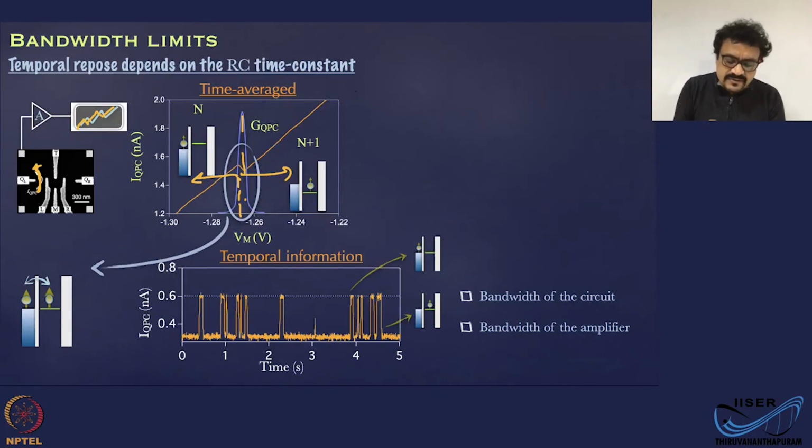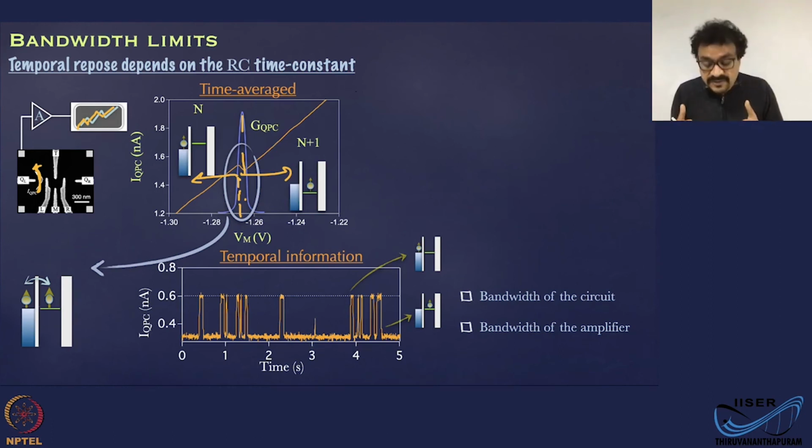So what you would like to have, other than the average charge configuration, the average charge occupation, is the temporal information also. The temporal information has a lot of importance, especially when your transport mechanism is correlated. Okay.